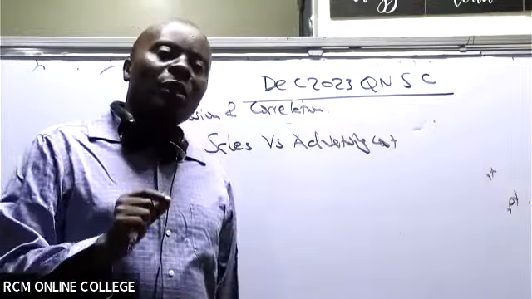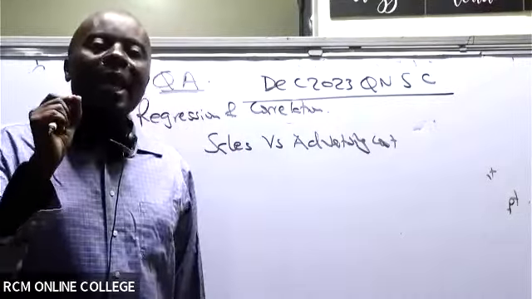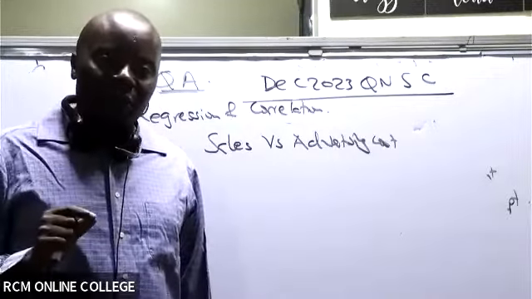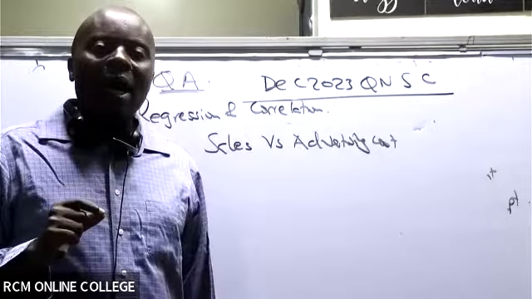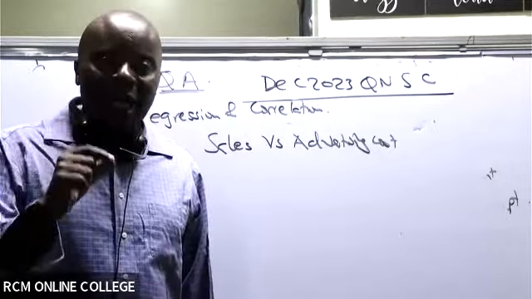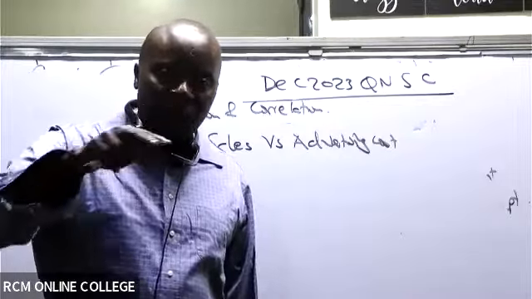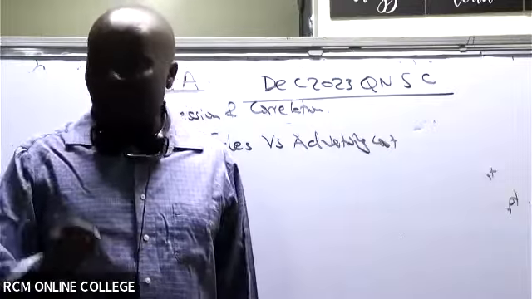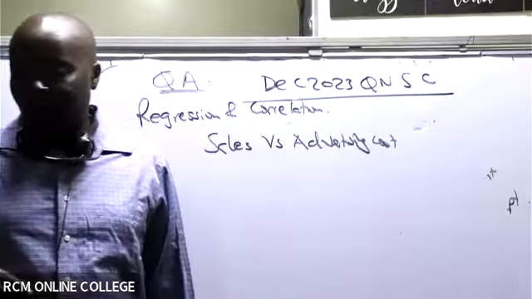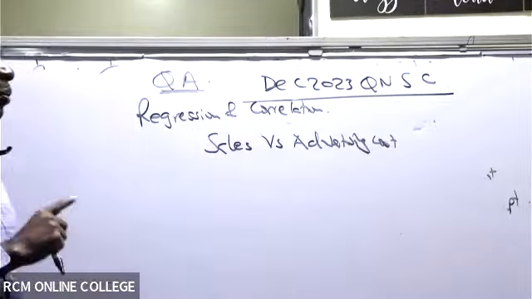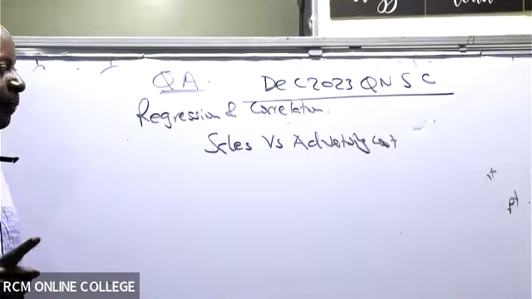If you're told to form an equation capturing the two variables, such that one must be y and the other one must be x, very many students will confuse between the two variables, and then they end up getting a 0 in the entire question. If you miss this, you will get a 0 totally.